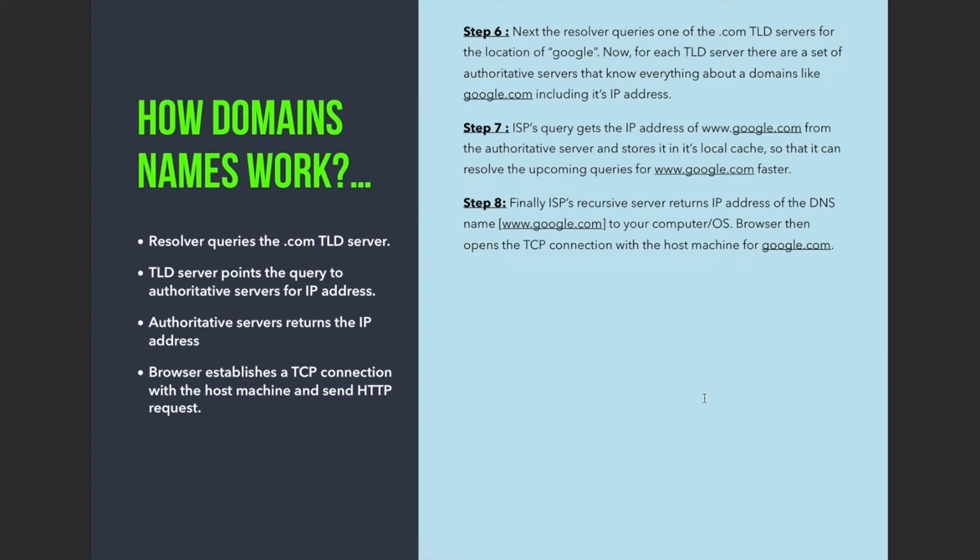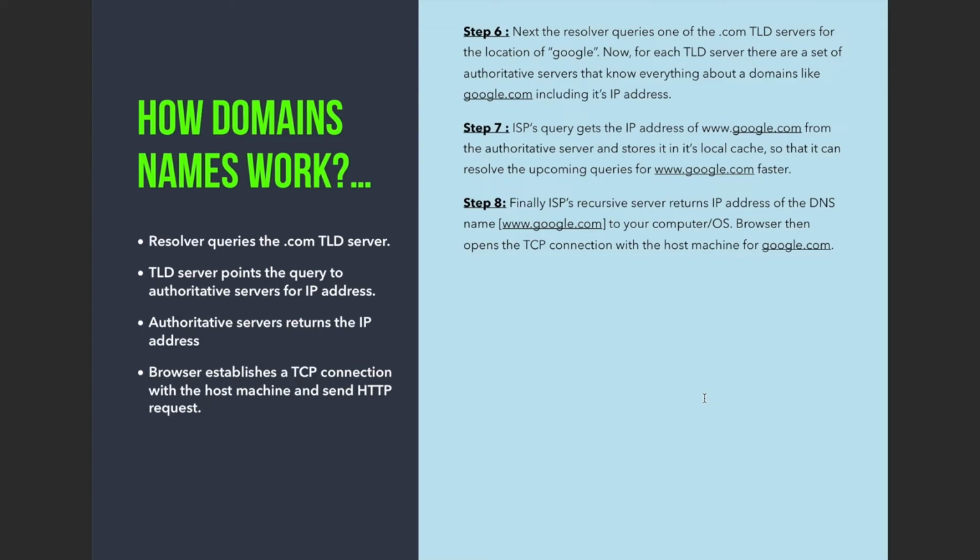Next, the resolver query lands on one of the .com TLD servers. Now the .com TLD servers check what is the unique name, which is Google in our case. So the top level domain server moves the query to the name servers who are responsible for google.com.